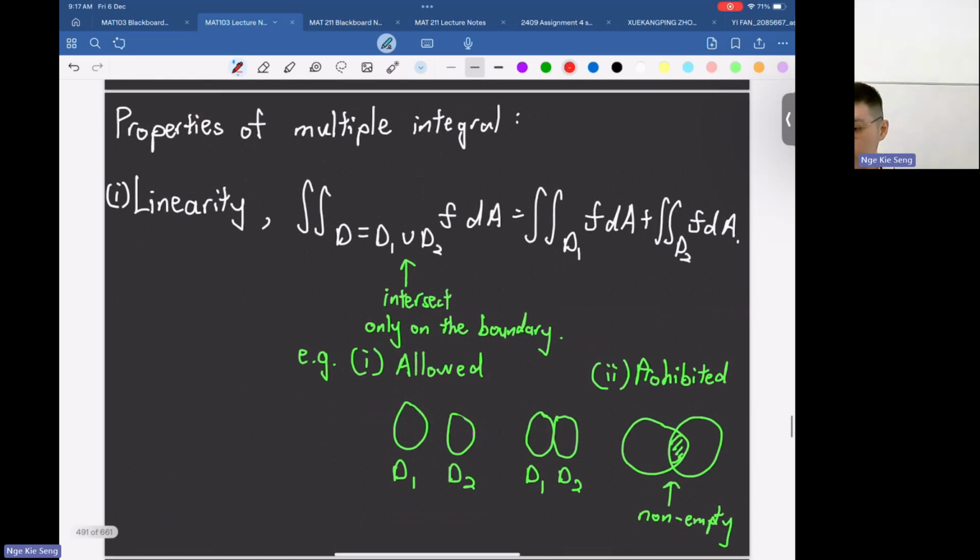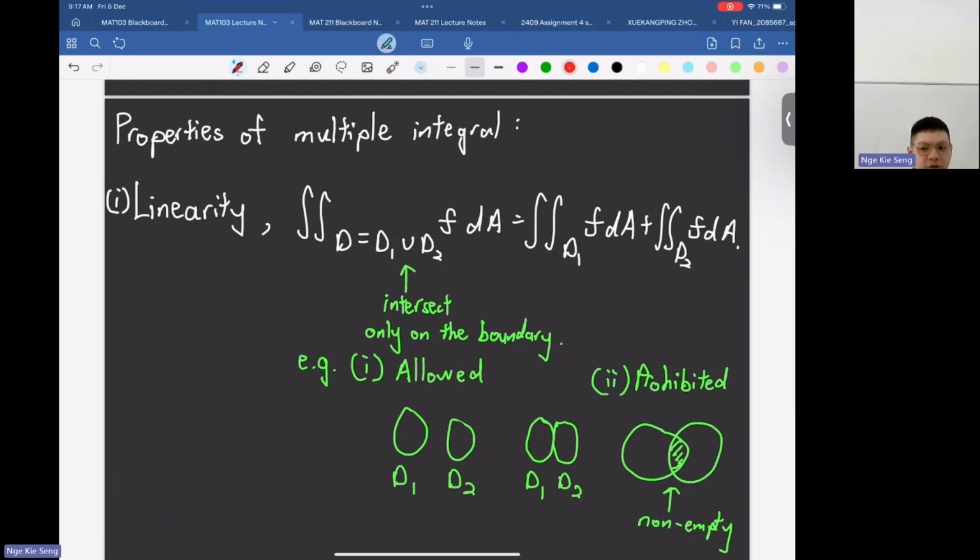Then we introduce the properties of the multiple integral. Your multiple integral is linear. Meaning, if you have a domain which is a union of two sets, but their intersection is just on the boundary, then you can split your integral into the integrals on the two sets.